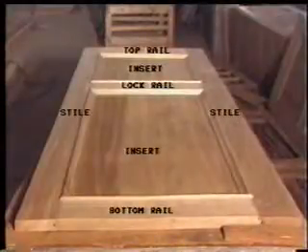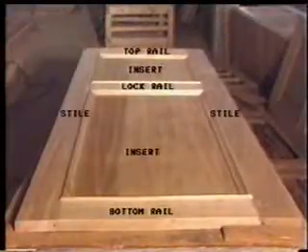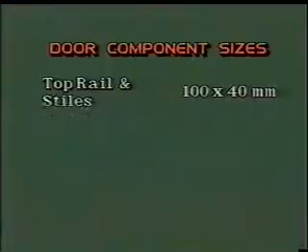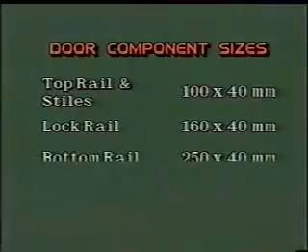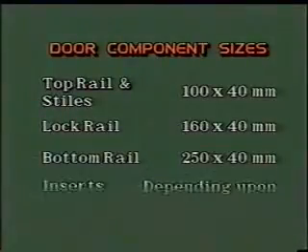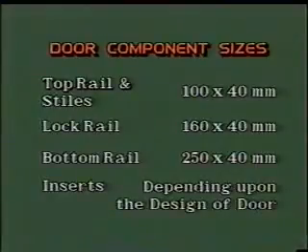The door component size is specified as per IS 1003 of 1977: top rail and stiles 100 by 40 mm, lock rail 160 by 40 mm, bottom rail 250 by 40 mm. Size of inserts depends upon the design of the door.